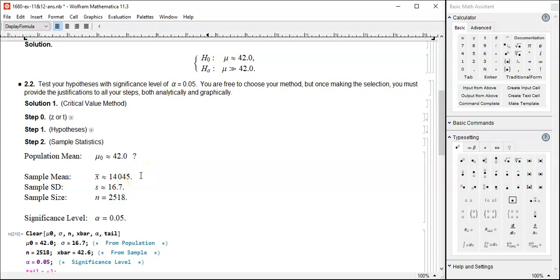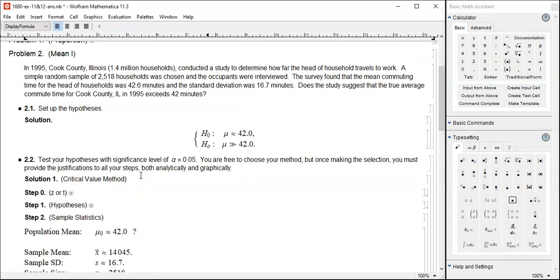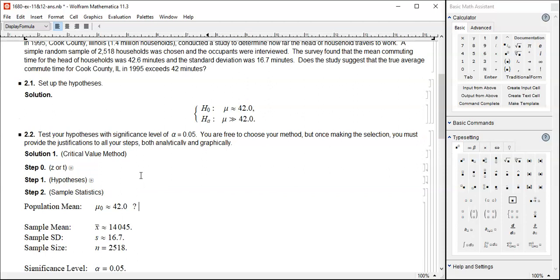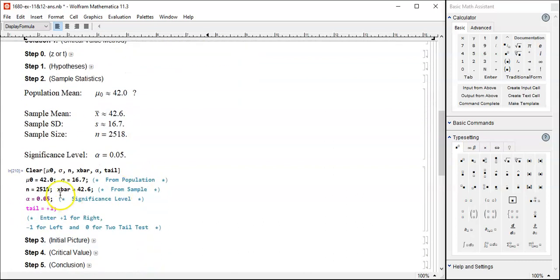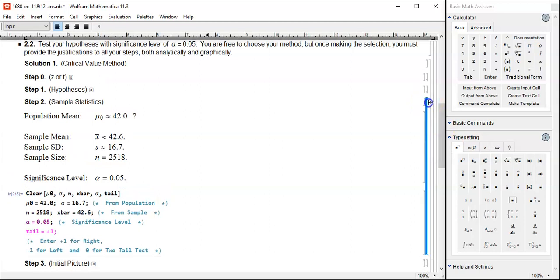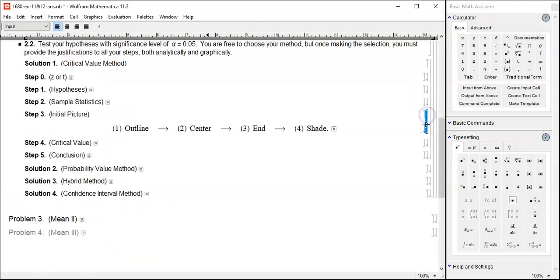Sample mean is 42.6. What is this? I don't know what I did there. I must have missed something. Okay, maybe just a typo, I guess. All right. Here in the mathematical command, everything looks okay. All right, here's the initial picture.